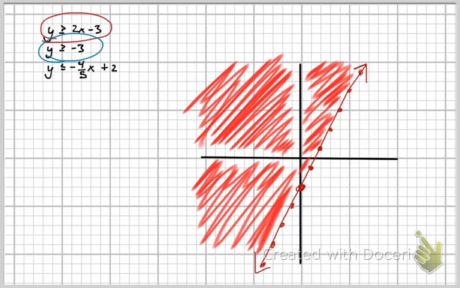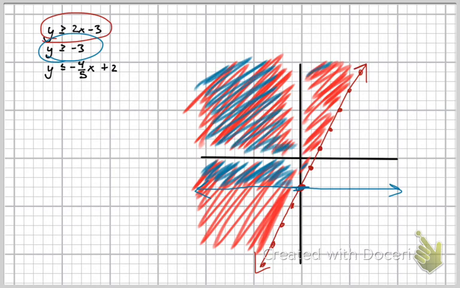This time I'm going to be starting on the y-axis at negative 3. I'm going to draw my solid line because it's or equal to, and it said y needs to be greater than that, so I'm going to shade all the area above it.